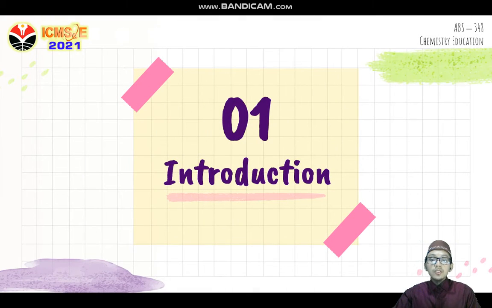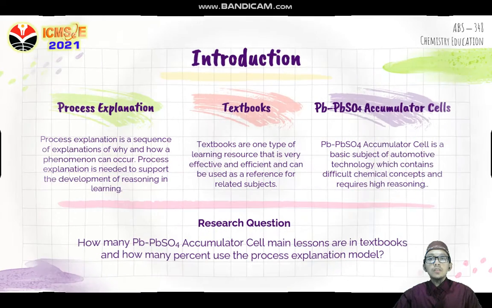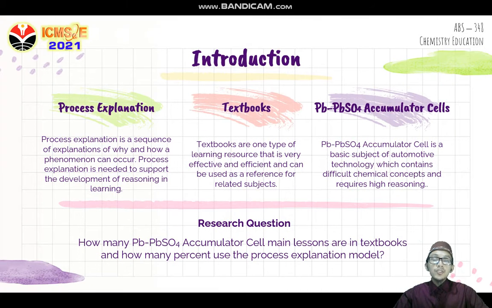First part, introduction. In this section, I will explain the research background and research question. Process explanation is a sequence of explanation of why and how a phenomenon can occur. Process explanation is needed to support the development of reasoning in learning. And then textbook. Textbooks are one type of learning resource that is very effective and efficient and can be used as a reference for a related subject.